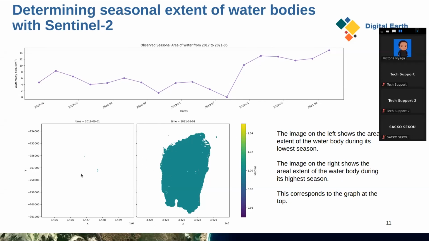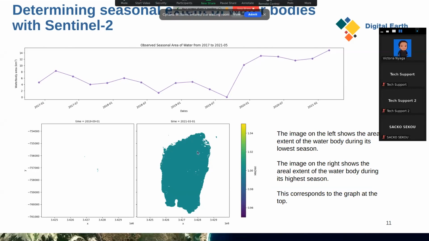The image on the left, the September 2019 image, is the areal extent of the water body of interest at its lowest season. Then the image on the right shows the areal extent of the water body at its highest season. And we can also confirm this using this graph.